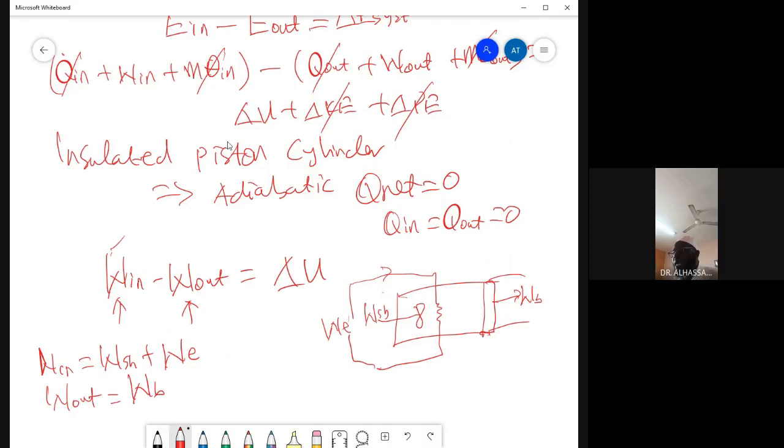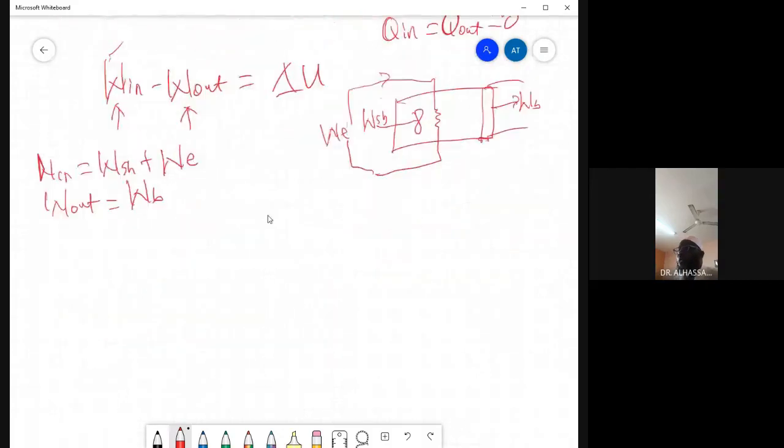So if you organize this into the equation, we will have W electrical plus W shaft minus boundary work equal to delta U. Now we don't know the value for WE, so that's what we need to determine.